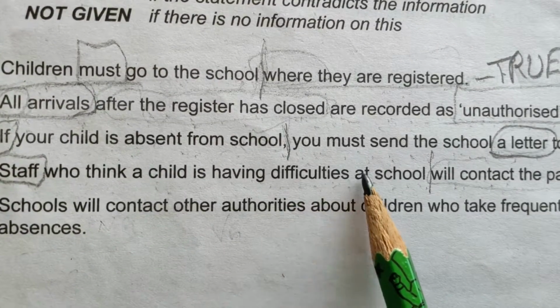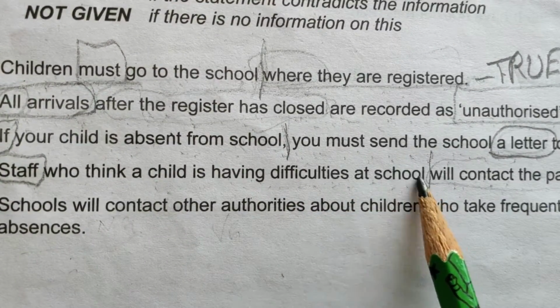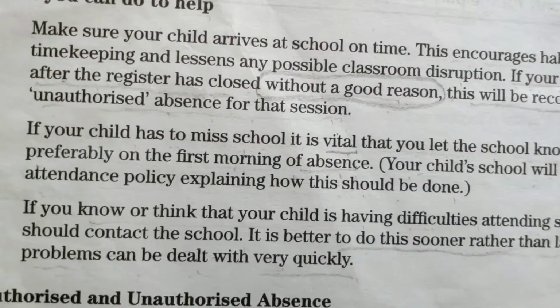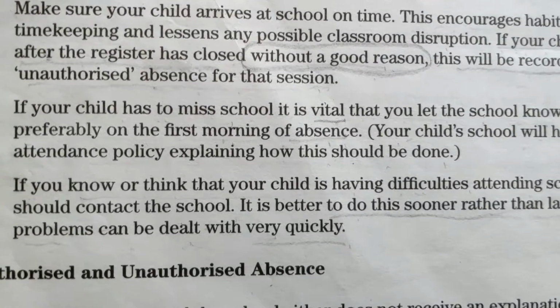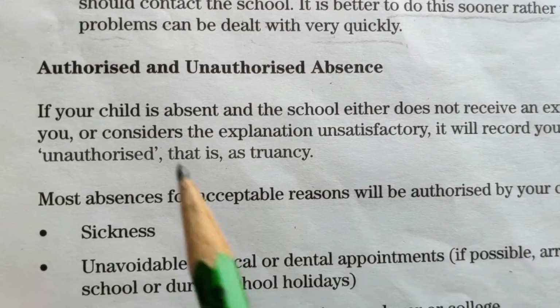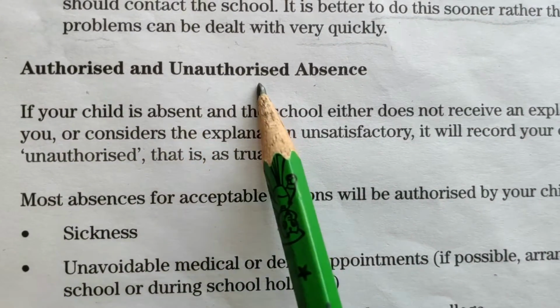Always translate the statement into your mother tongue, into another language, then it will be very easy to find the answers to the questions from the paragraph. Now look at the next paragraph. Authorized and unauthorized absence.